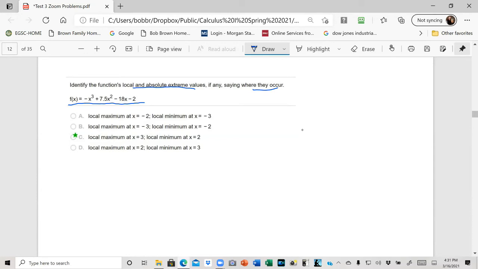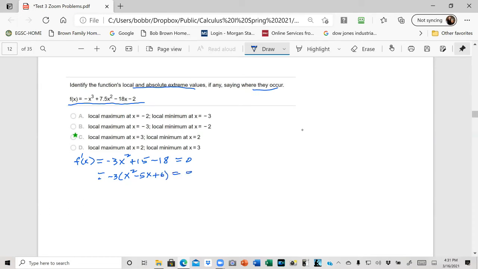So let's take the first derivative. The first derivative is equal to minus 3x squared plus 15x minus 18. And we set that equal to 0. And let's factor a minus 3 out, and we'll get x squared minus 5x plus 6.